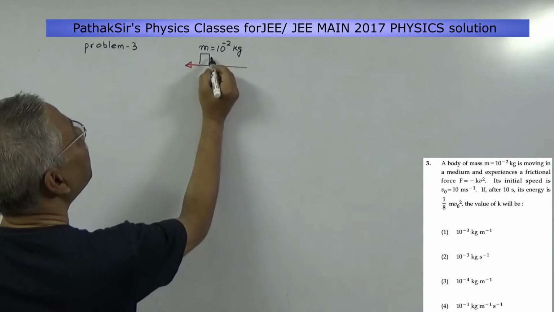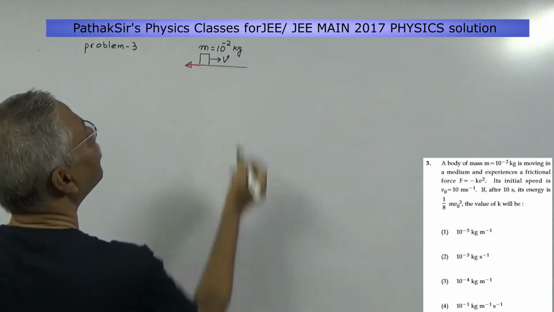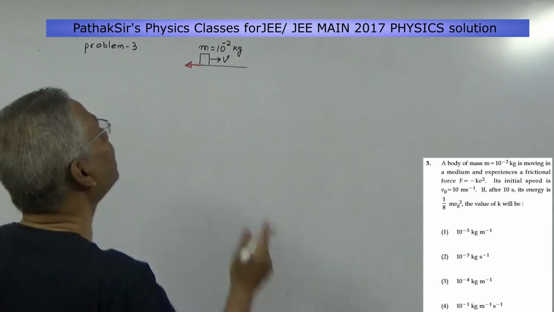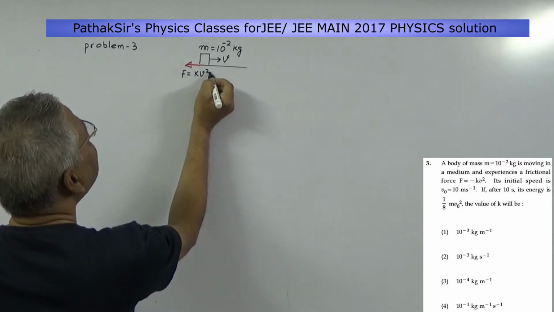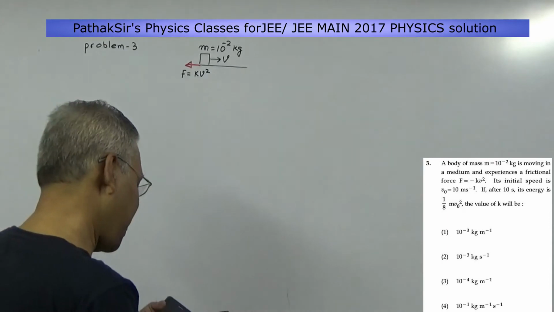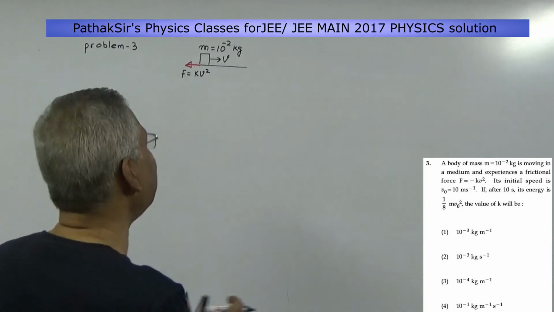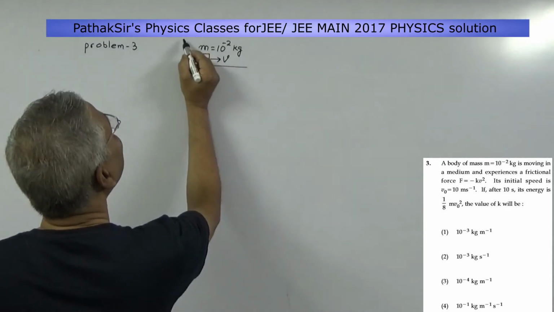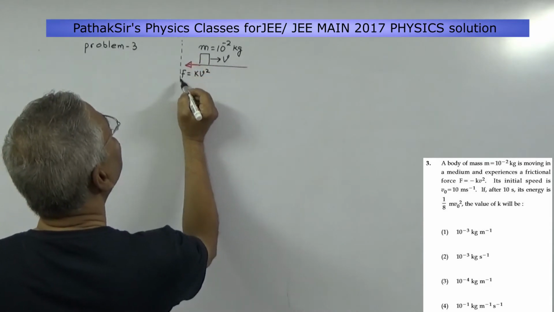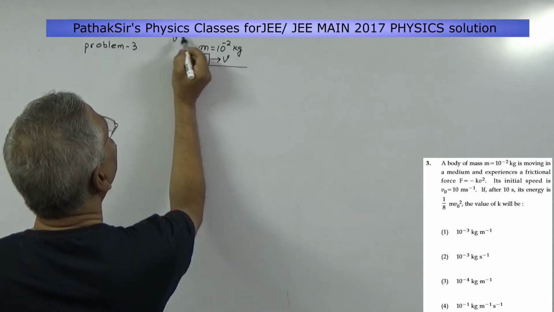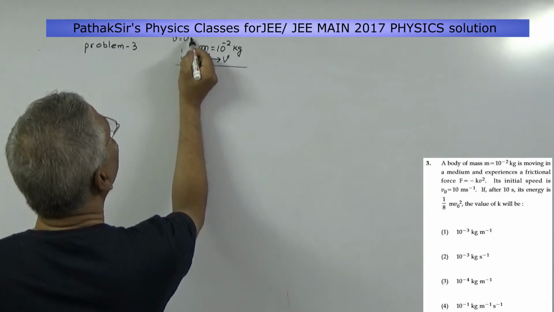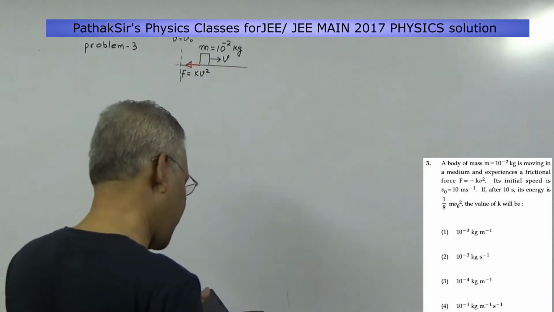It is moving with some velocity. When the velocity is v, the friction force is k into v square. Its initial speed is v naught. At t equal to 0, the speed is v naught.